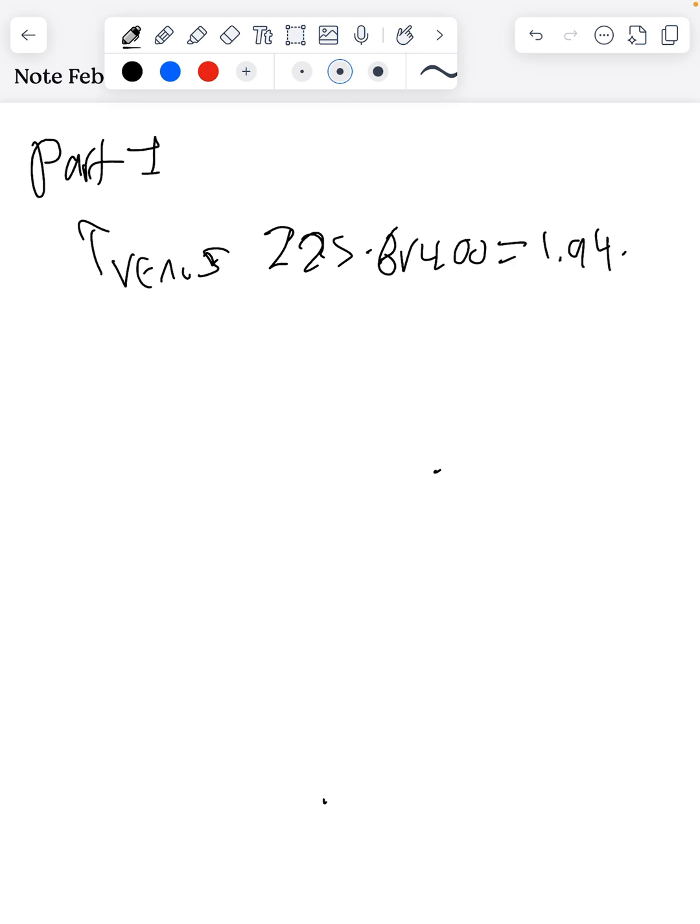So with that, you're just going to write out the time on Venus to make a full rotation: 225 times 86400 equals 1.94 times 10 to the power 7.